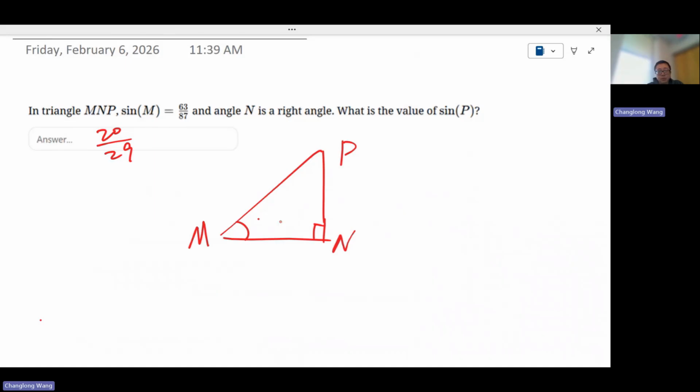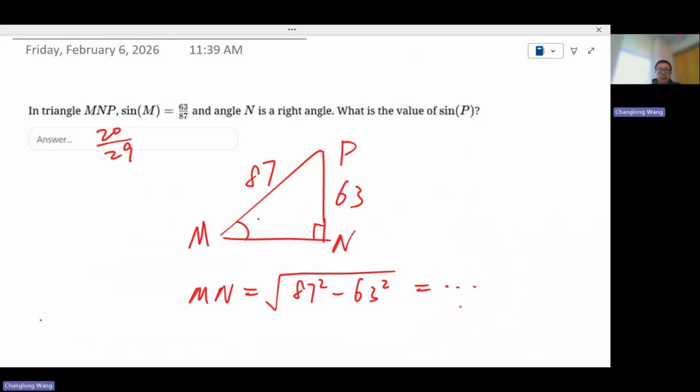Go ahead and label sine of M as what? Opposite over hypotenuse. So opposite is 36, hypotenuse 87. Then you need to figure out what the remaining side is. So go ahead and put MN equals square root. Since you're looking for one of the shorter sides, you go the longest side, 87 squared minus 63 squared.